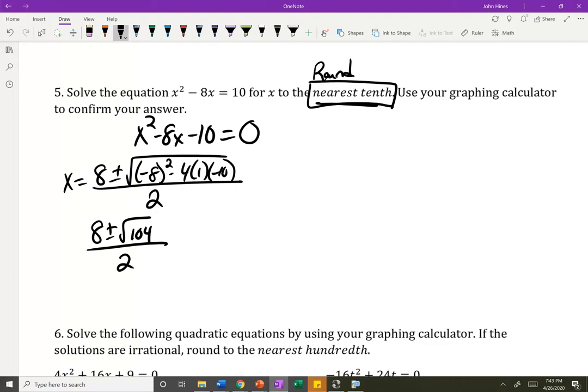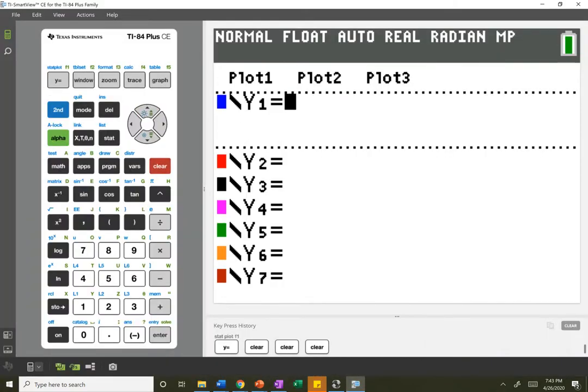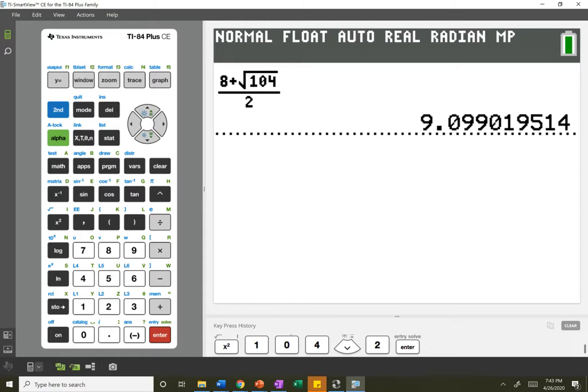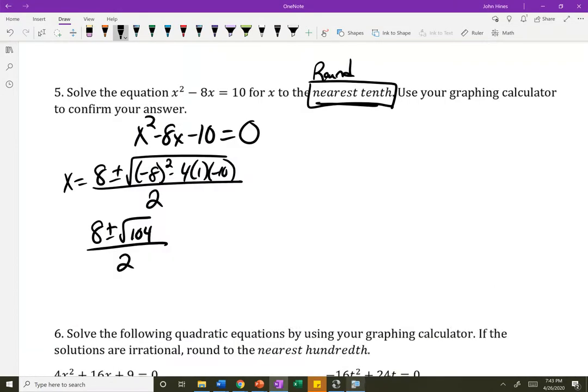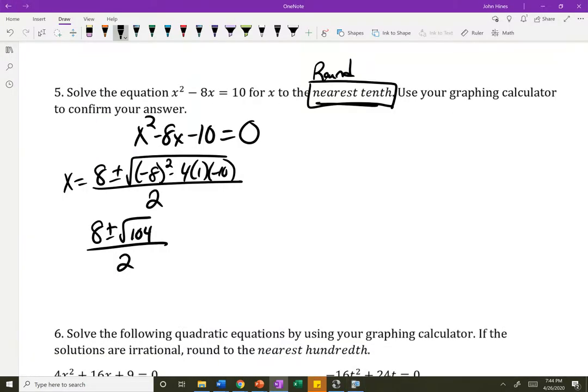So ready? Alpha y equals enter. Quit out of there. x equals negative b plus the square root of 104 all over 2. 9 point, what does it say to round to? Round to the nearest 10th. So 9.1. x equals 9.1.